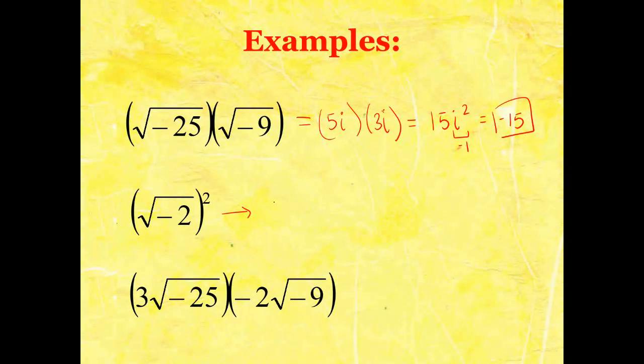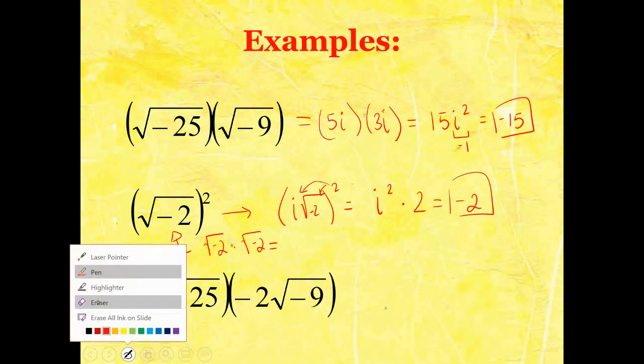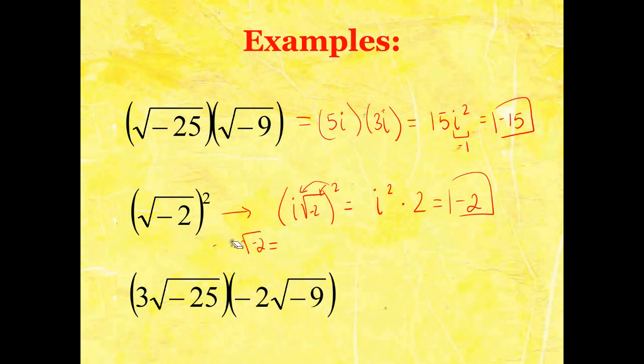What about this? I'm going to simplify before I multiply. I root 2 squared, and then I'm going to distribute that square. It's going to give me i squared times root 2 squared, so 2, which gives me -2. I guess I could have thought about it and said, well, the root -2 times root -2.